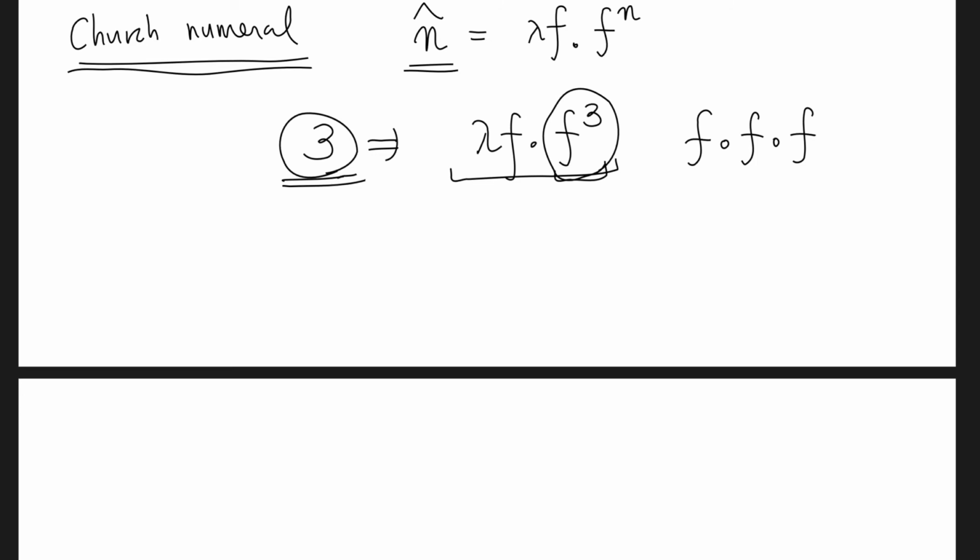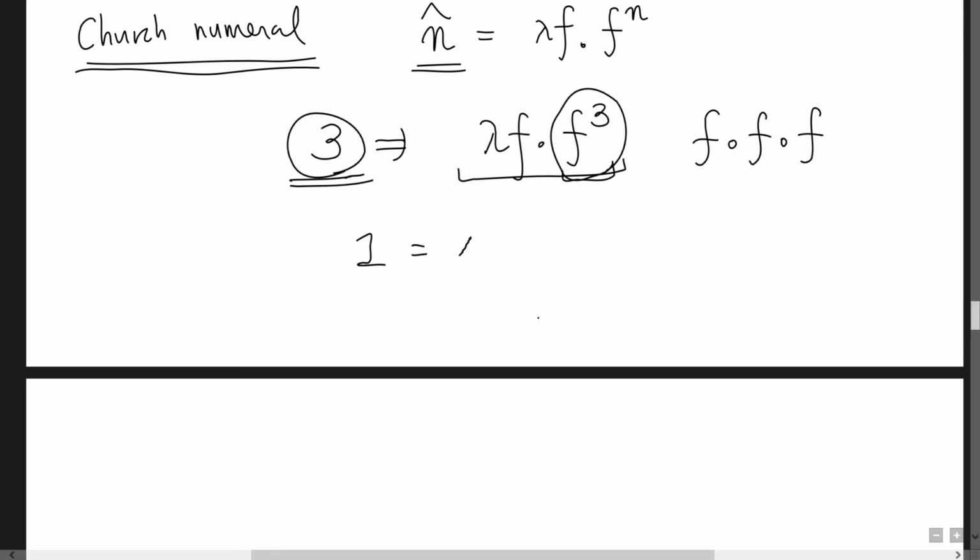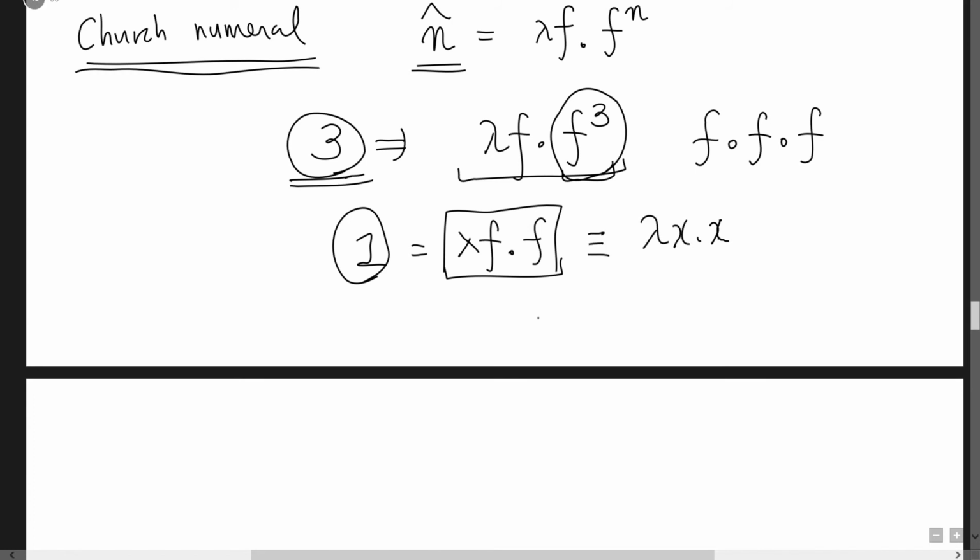So for instance, one is lambda f dot f1, and f1 is f composed only once, so it's the same as f itself. So it's an identity function. And it's unclear if this identity function was intended as encoding natural number 1, or if this is equivalent to lambda x dot x. And it's unclear if this expression was really intended as an identity function. It's unclear from the context.